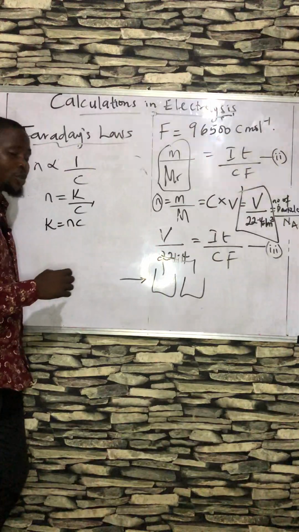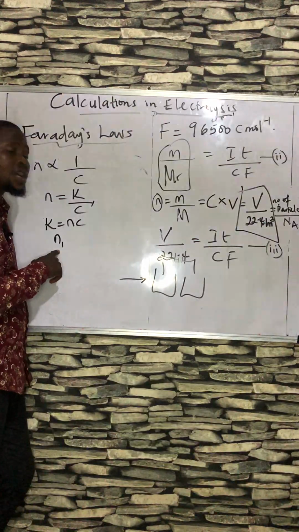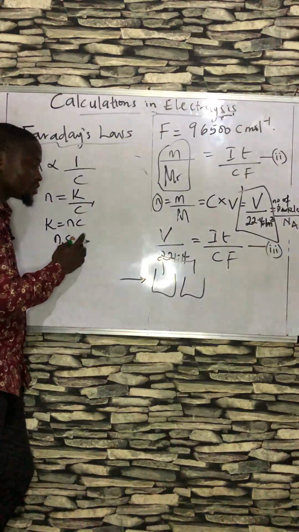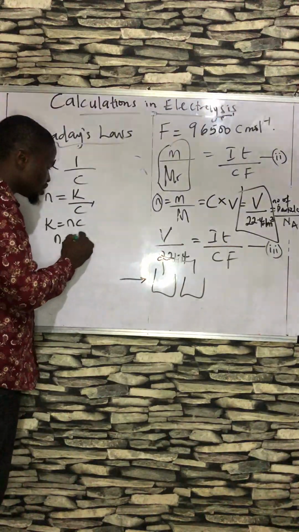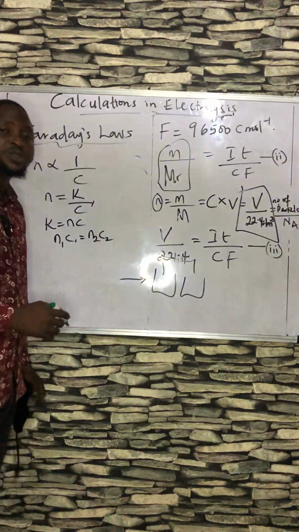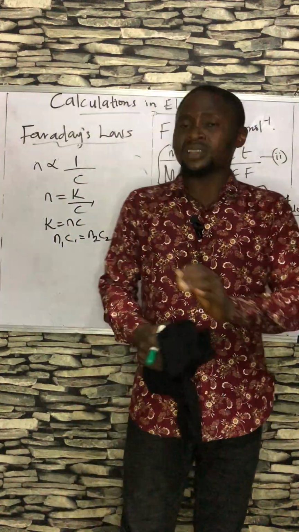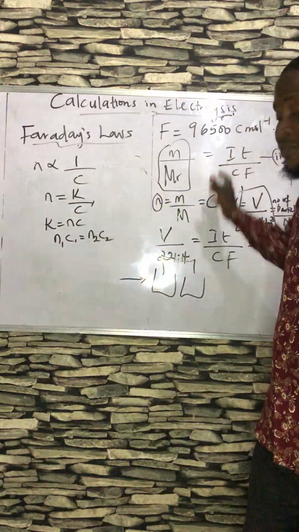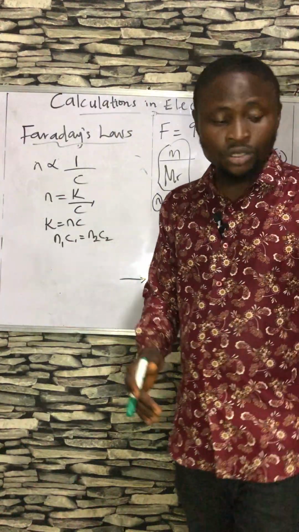It therefore means at any point in time, the number of moles of any element being discharged multiplied by the charge of the ion, in as much as the same amount of electricity is passed through the two or more electrolytes, is always equal to the second number of moles times its own charge, and so on and so forth. So we are going to be applying this in solving problems. Of course, we are going to be applying these different equations in solving problems.